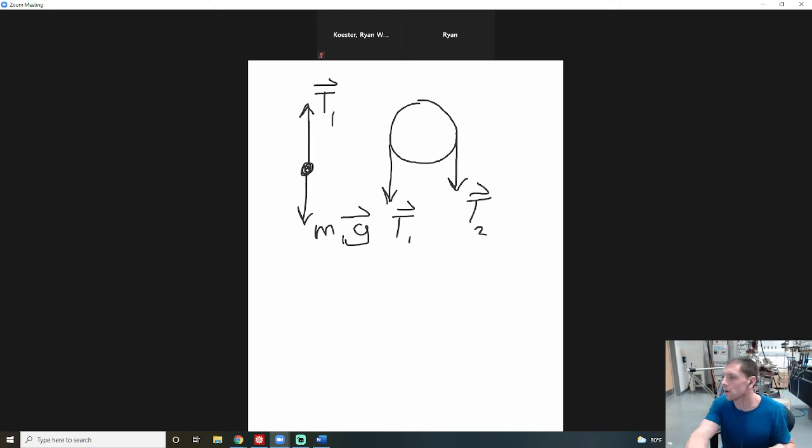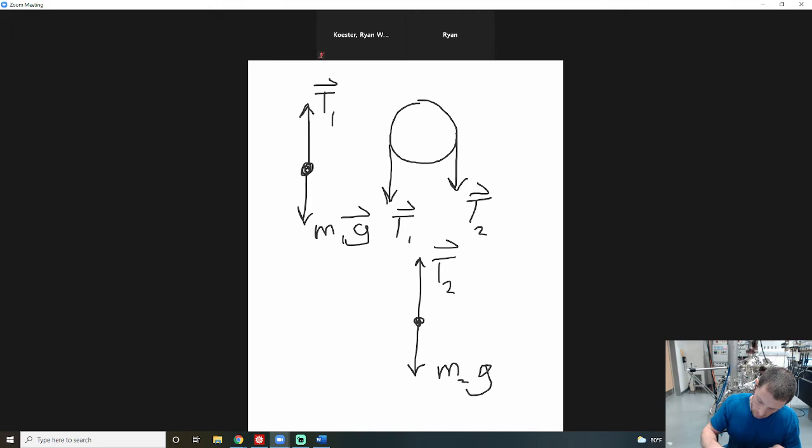And then for the other block, it's going to look like this. This is the block on the right. Okay, so this is the collection of pictures you want to have in mind as we go through this.